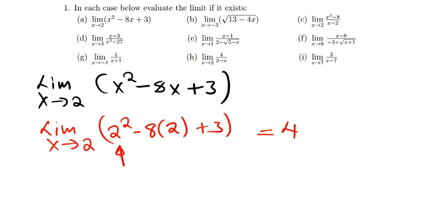So 4 minus 16 plus 3. 4 minus 16 is negative 12, sorry. Negative 12 plus 3 is minus 9. So I believe that should be our answer there, if my math is okay. We'll move on.